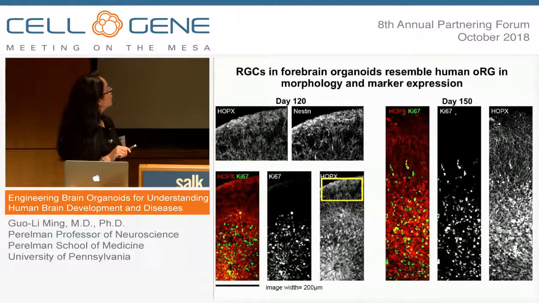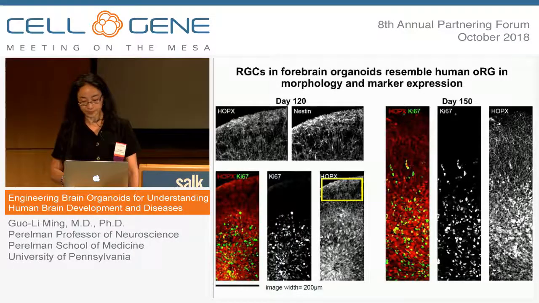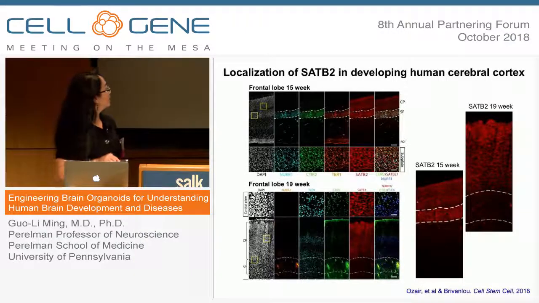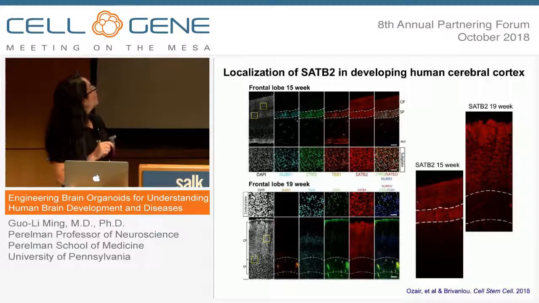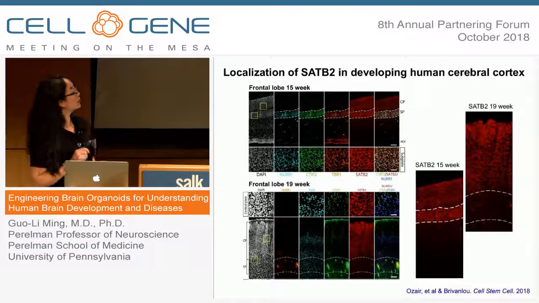In addition, the neural stem cells, especially the OSVZ cells that are marked by HOPX, maintain their radial process very nicely, even up to 150 days. And this is actually a publication by Brevenel's laboratory, who is the keynote speaker in the morning, and they show that in human fetal cortical development there is a maturation process for the neurons.